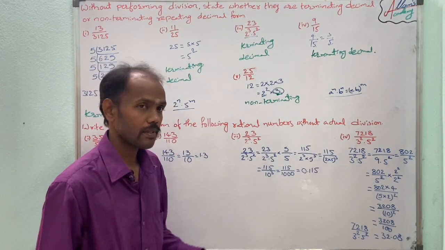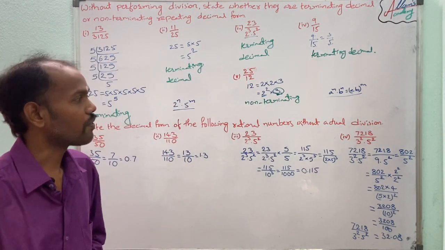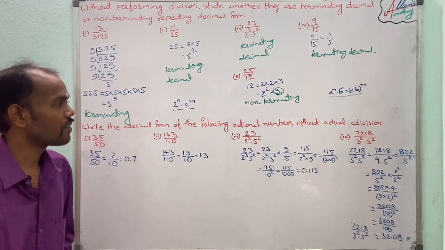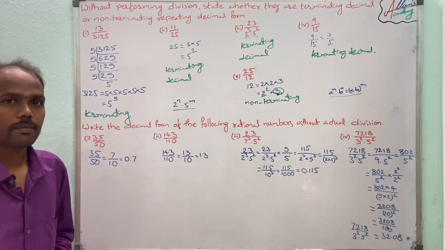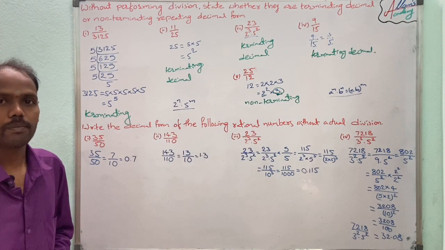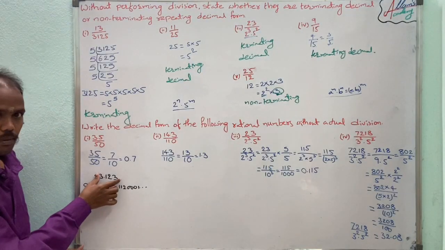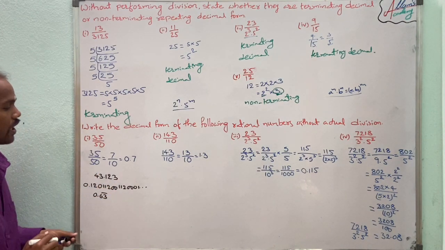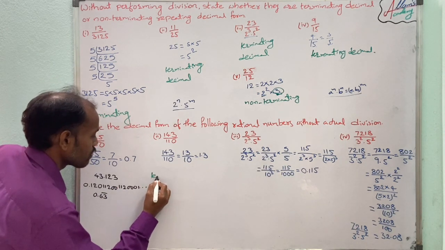Okay, in this manner we solve the given rational numbers in decimal form without actual division. Here we observed 43.123, which is a terminating decimal.